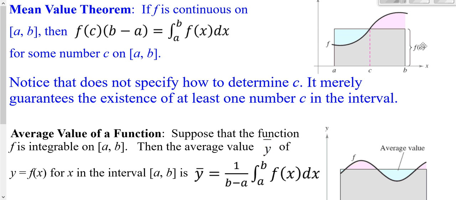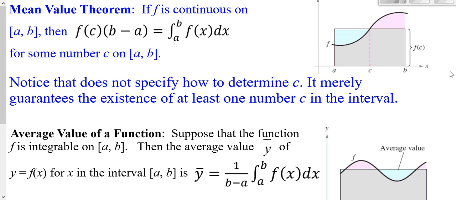And it's basically saying that c, whatever you have to put into your function to get that average height, has to occur somewhere between a and b. Could be more than one thing, but it has to occur between there. Could occur multiple times in different locations, but it's going to be between a and b.